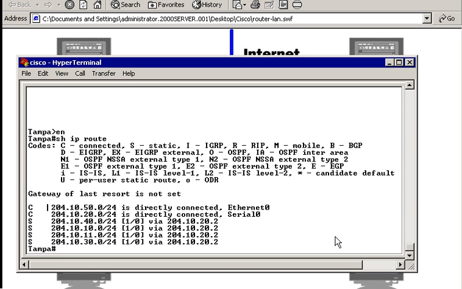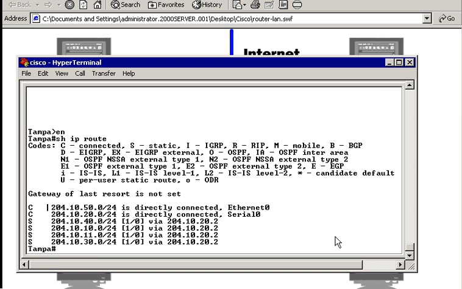One of them is configured with a 204.10.50.0 address, and the other one's configured with a 204.10.20.0 address. Now, the ones that are preceded by an S are the static routes that were configured by myself.